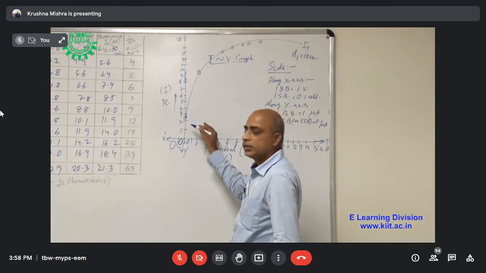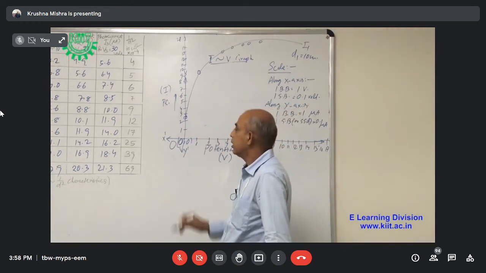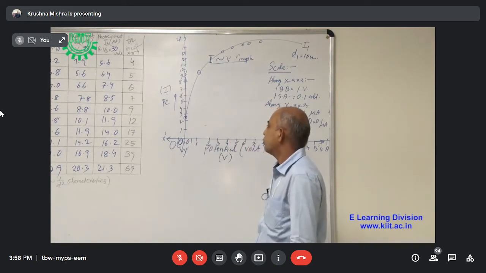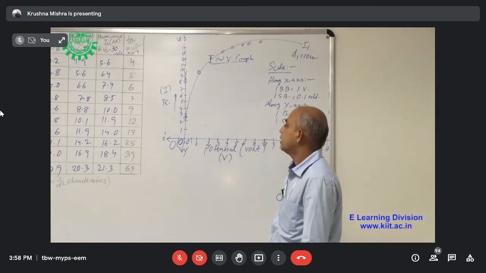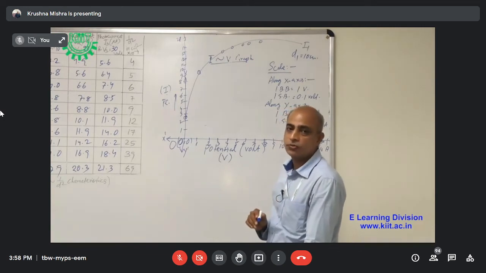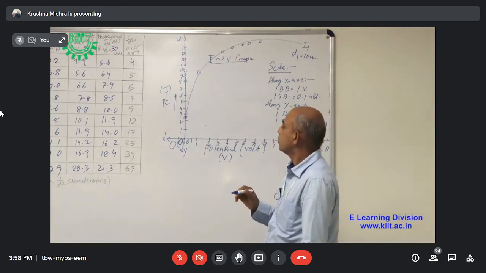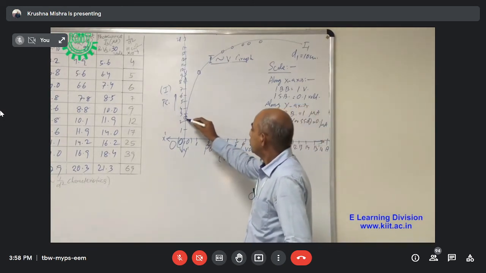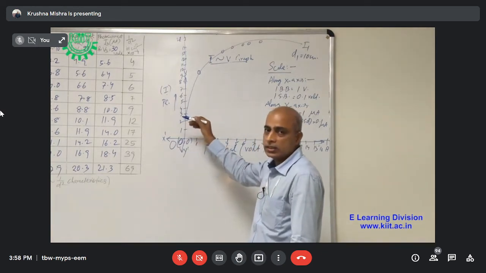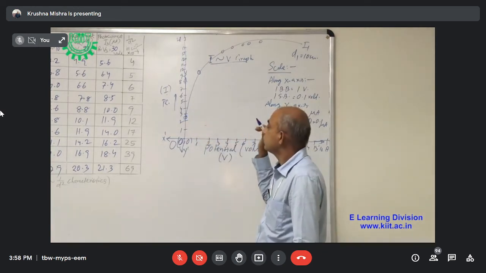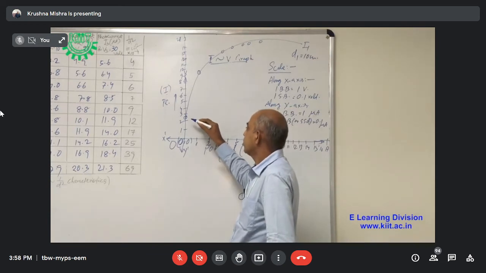That means there is no time lag between the emission of electrons and the onset of photons. Within 10 to the power minus 9 seconds, as I have already told, emission starts.